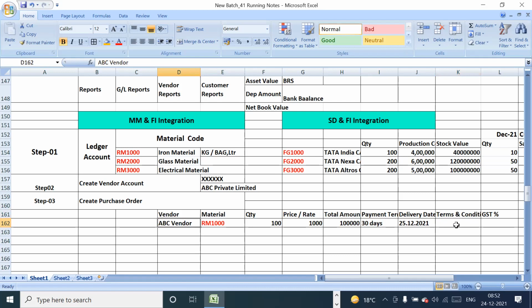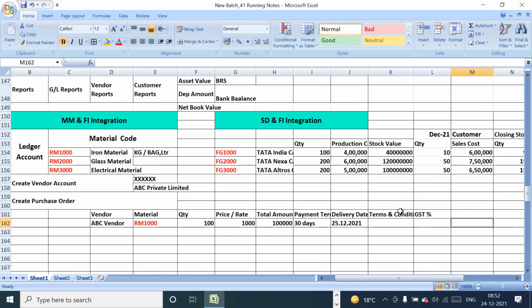Okay, so terms and conditions. Then GST is also important.